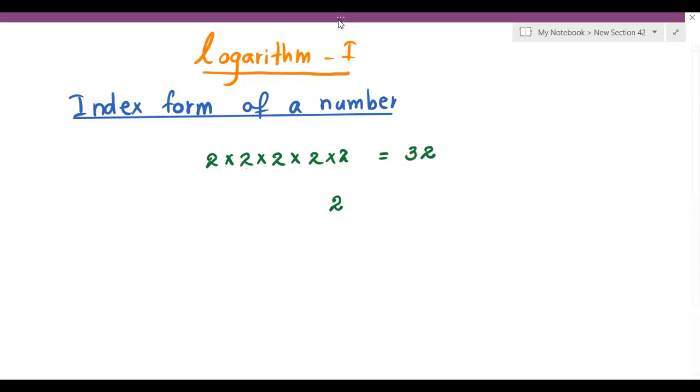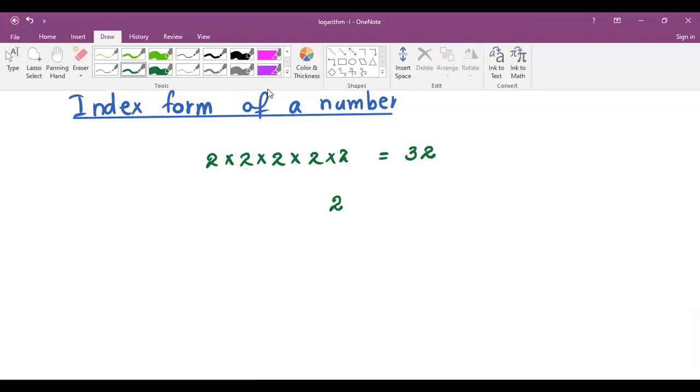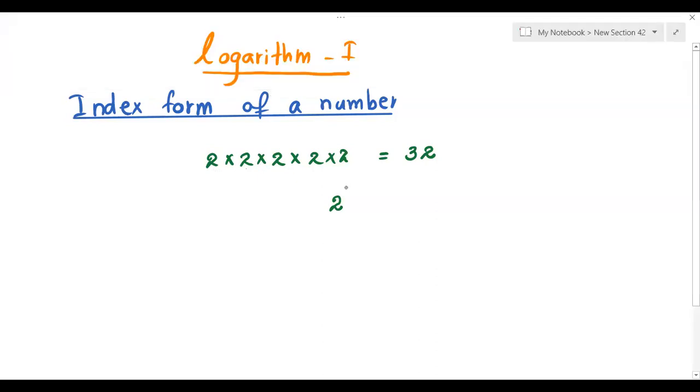How many times have I multiplied 2? 1, 2, 3, 4, 5. 5 times I have multiplied 2 repeatedly. So I write it at the top right-hand corner. Then this is called a power. When we express a number like this, we call it a power term.